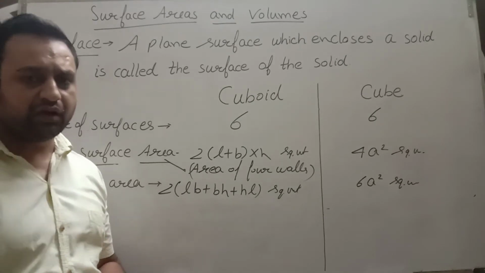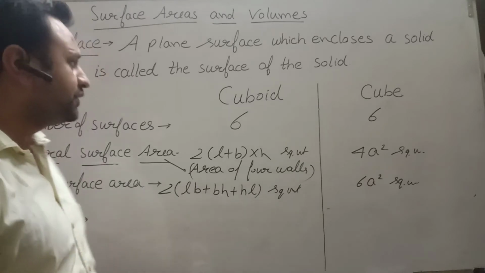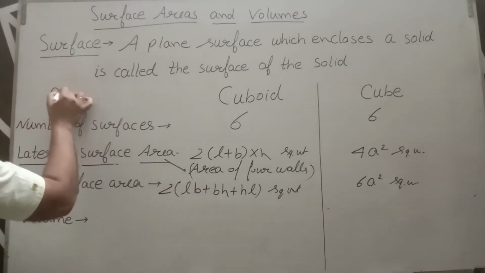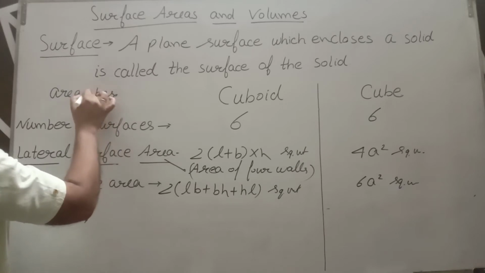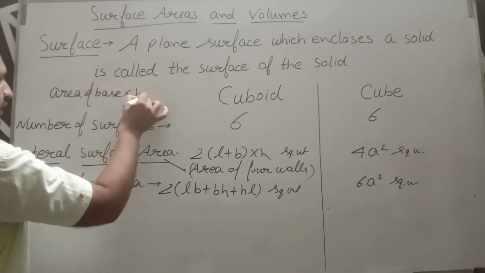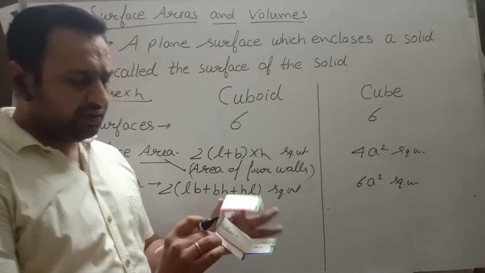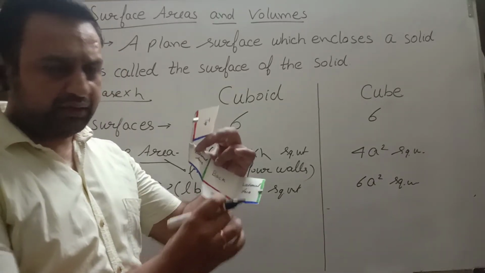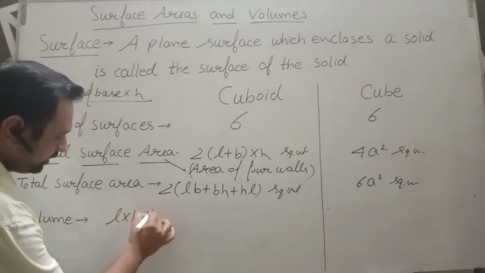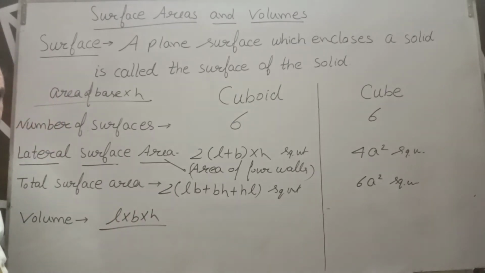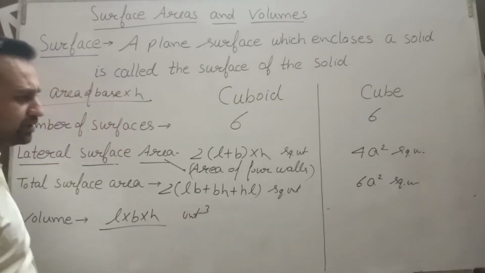The basic formula of volume is area of base multiply height. In the cuboid we can say that area of base is l multiply b, so area of base multiply height is the formula of volume of cuboid, unit to the power 3.